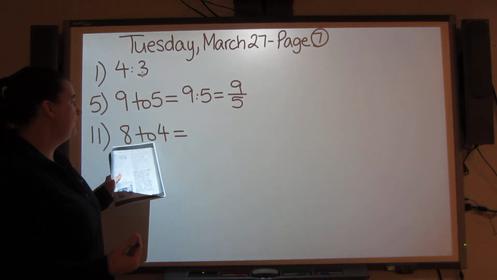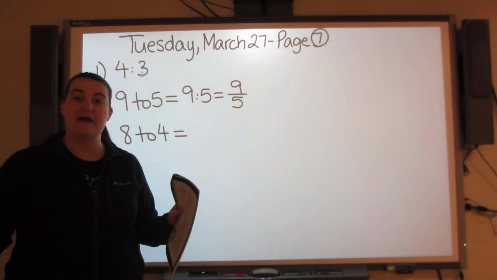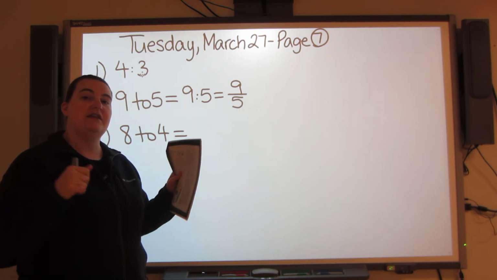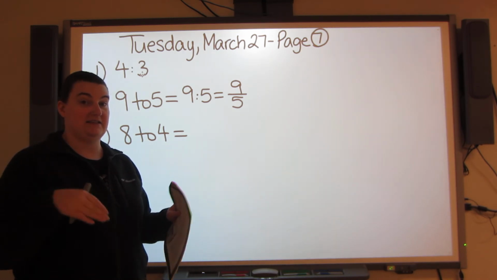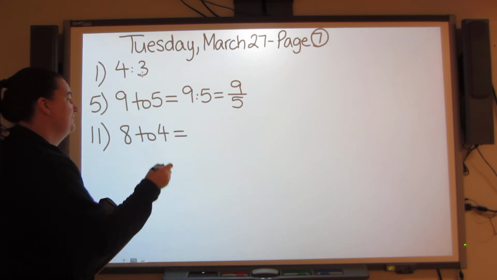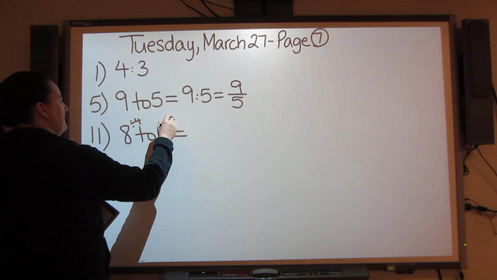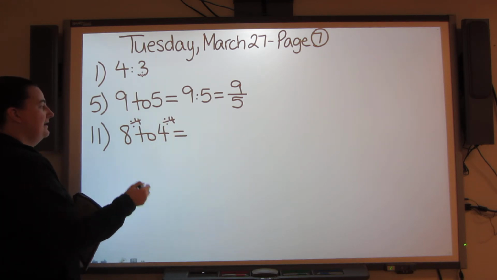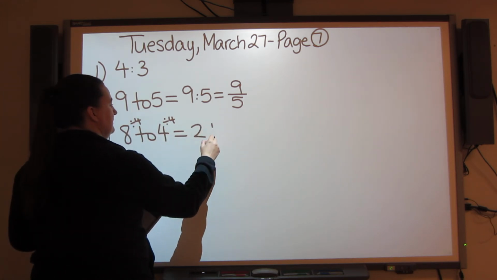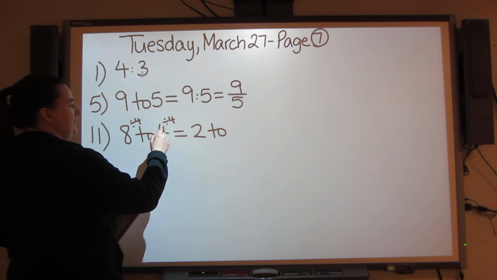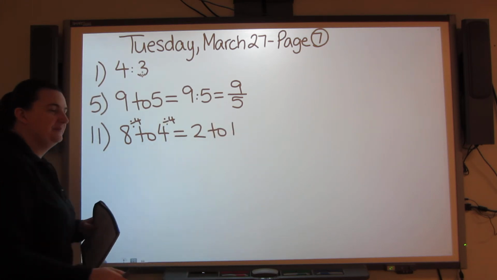Numbers I can divide into 4, 1, 2, and 4. So the number that they have that's the same, that's the biggest, is 4. I can divide them both by 4. 8 divided by 4 is 2, and 4 divided by 4 is 1.